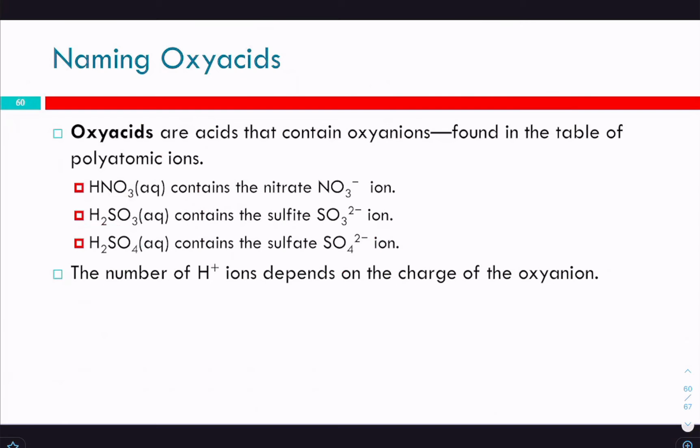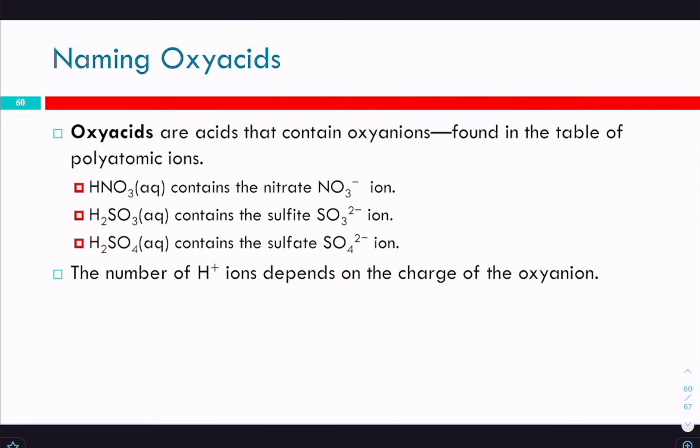Sulfurous acid contains the sulfite anion, and sulfuric acid contains sulfate. So it's identifying which oxyanion it is. And then the number of hydrogens associated with that oxyanion is the same as the charge.